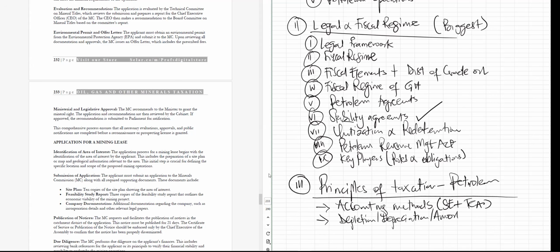You must know what they mean, how they are applied, and all that, right? So this one can come for a full question. Then you have principles of taxation, that's petroleum income tax, right? So you must know principles of tax. Okay, that goes under section 63.